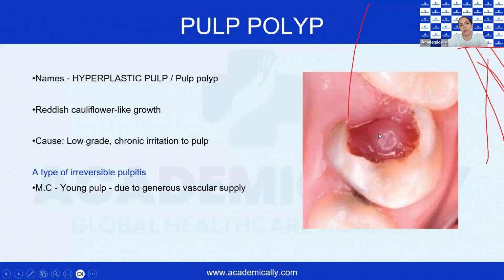Then the patient would come, because now it is exposed to open foods and drinks and putrefaction, and whenever the patient eats, it starts troubling them. But for a while, till they visit a dentist, it is not much troubling. It is also a type of irreversible pulpitis and occurs in young pulp due to generous vascular supply. It usually happens in young permanent teeth. It also happens in primary teeth.